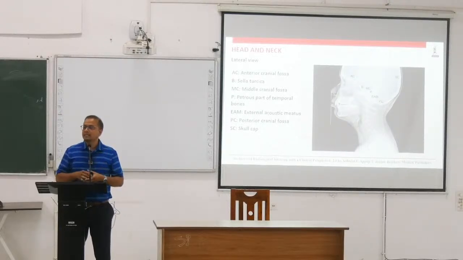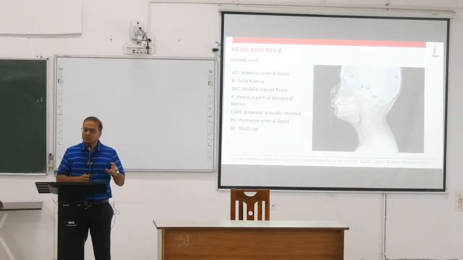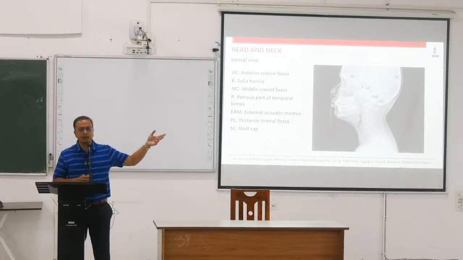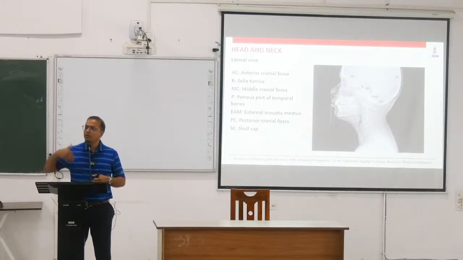The reason is that, as I have mentioned, this diploic space is a marrow space. Now we may have some diseases where you have expansion of the diploic space. That means this space, which has a particular thickness that is normal in this region, may be enlarged in some cases. Like in some kinds of blood diseases which you are going to learn in higher medical classes, like thalassemia or any blood disease where the destruction of red blood cells needs to be coped with or replaced quickly enough.